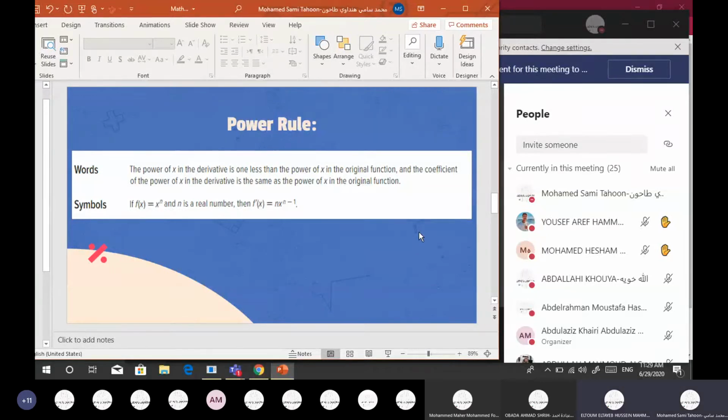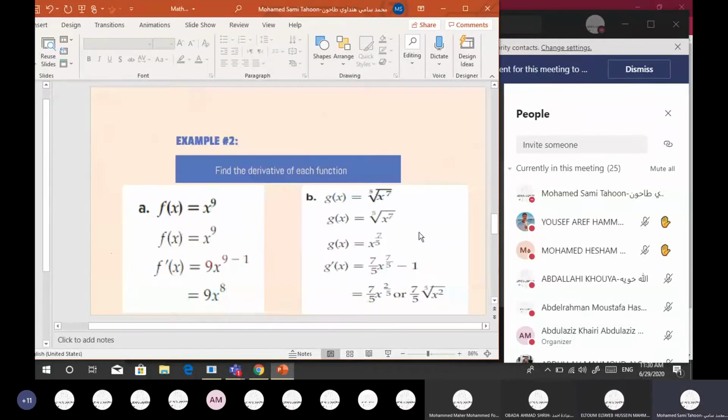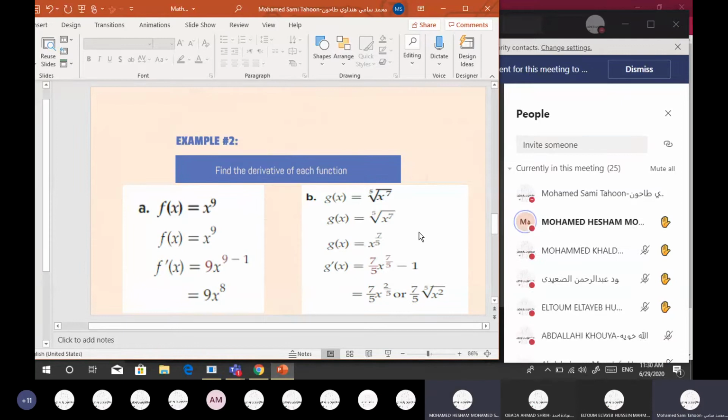Thank you, Tom. Now let's use the rule to solve this example. Who wants to help, please? Okay, Muhammad Hisham, you are going to solve question A, and Abdurrahman will solve example B. As we see here at question A, first we have an original equation, which is x to the power 9.